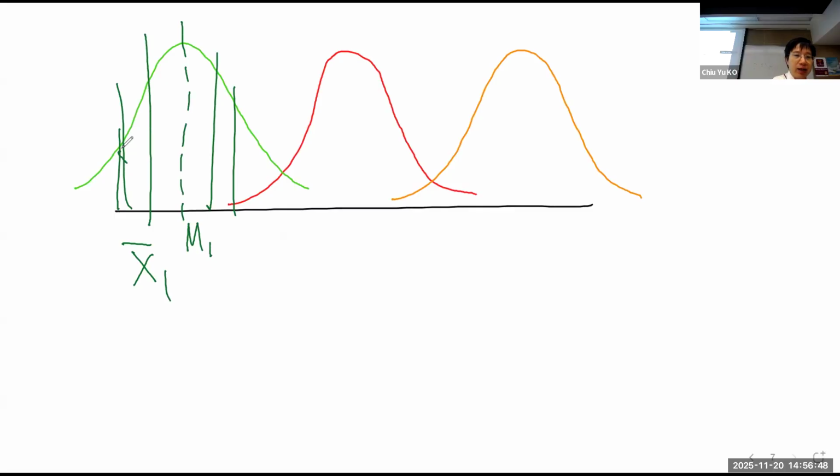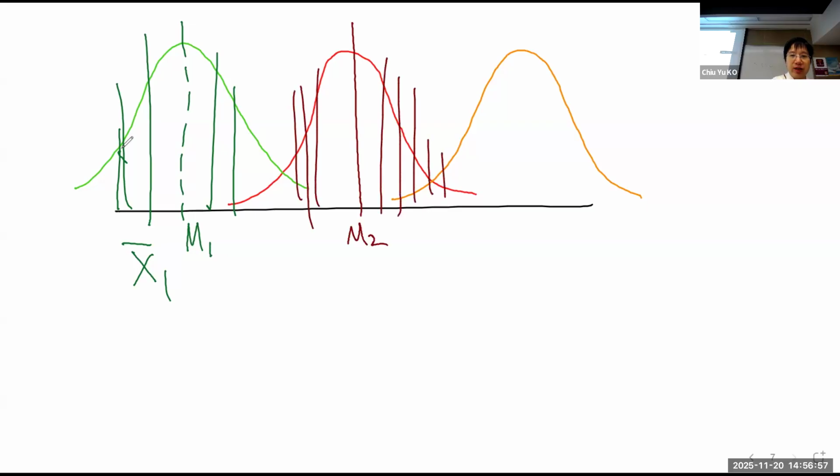The same idea here: this will be mu 2, but the data you get may be somewhere here, and then the mean will be x bar 2. It depends on the sample you get. It can be anywhere, but on average x bar 2 will be near mu 2. Same for this one, in the same color.